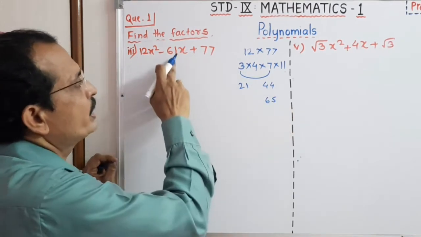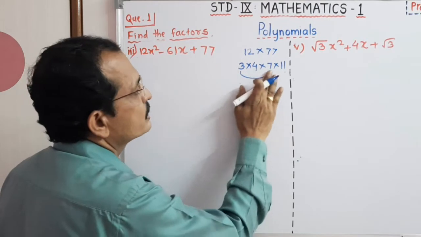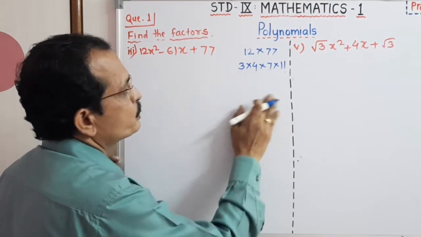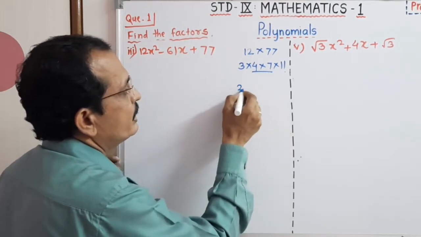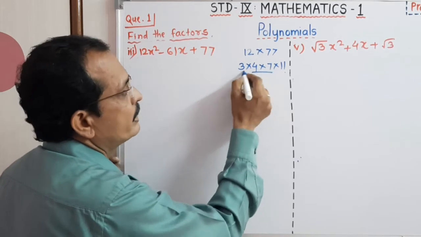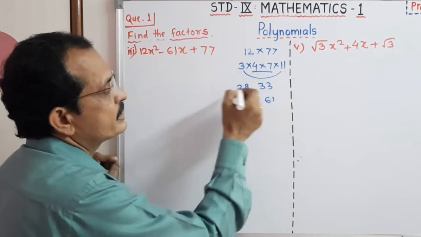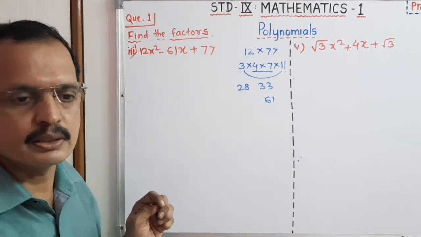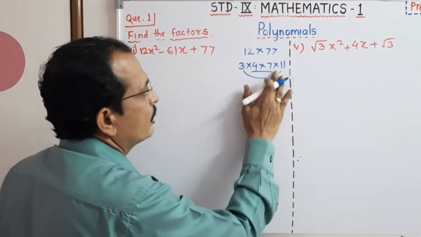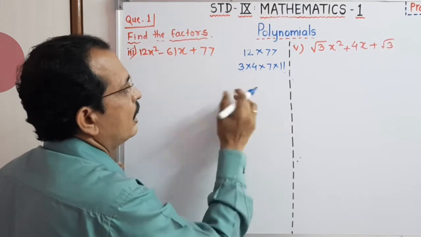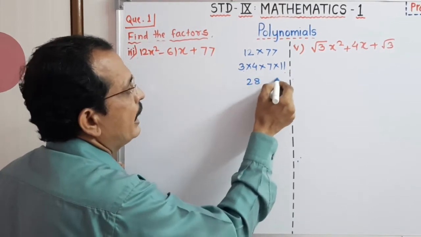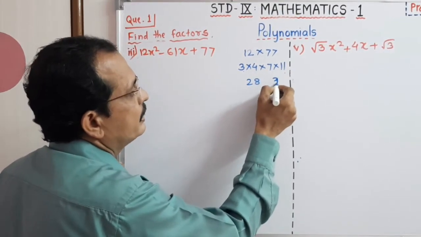But we know we require 61. Then choose another. Suppose we choose 7 4s are 28 and 11 3s are 33. Now it is 61. Yes, it is 61. Therefore, our factors are 28 and 33.